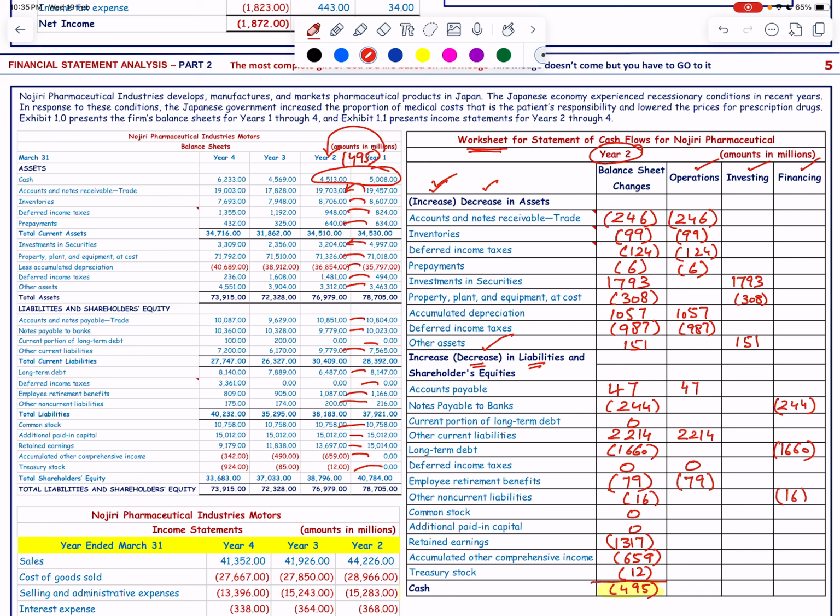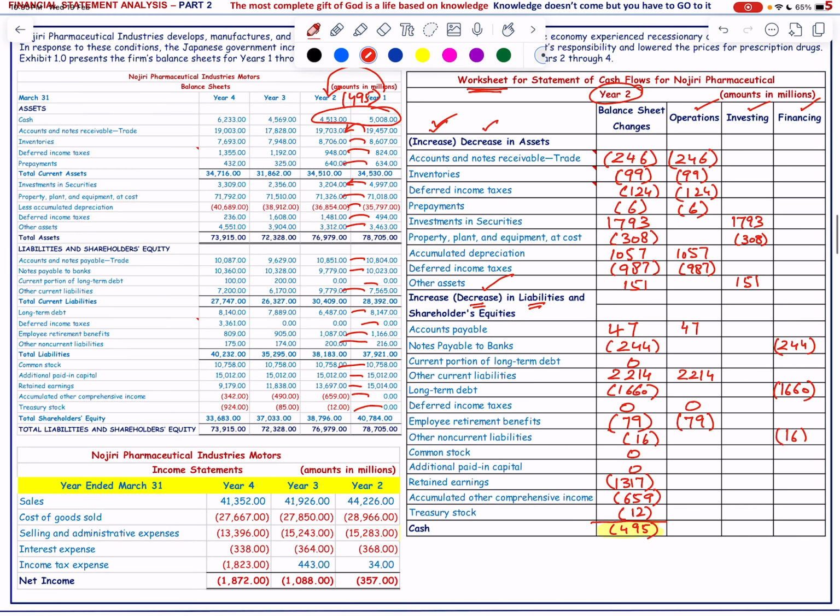Now look at the retained earning. Now this is something I would like to emphasize. Now if you look at the retained earning, it is negative 1317, and from this, if you look into the income statement for year number 2, the net income is negative 357. So this is going to be negative 357.